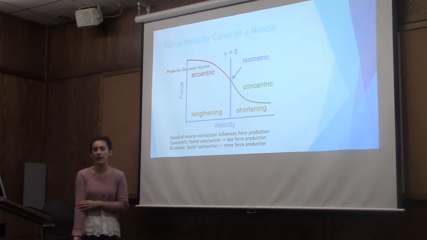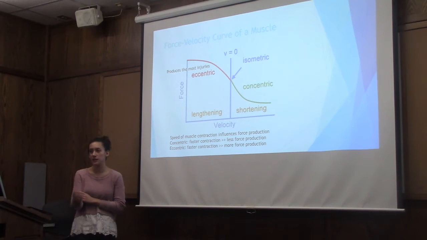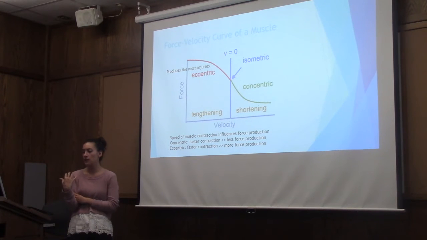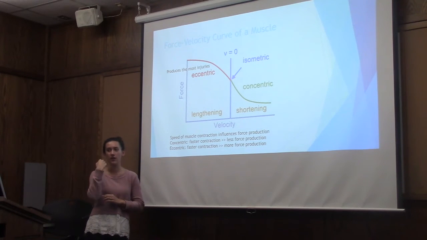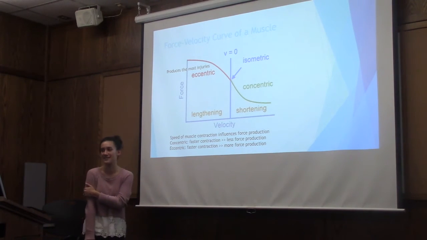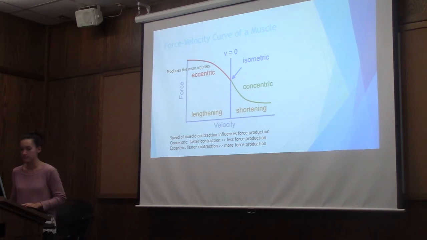You don't want to pump it really fast because more force will be produced if you go slower, so it'll work your muscle more. And when you extend, you want to do it slowly and not whip it down, otherwise it might cause some problems. Do it faster, it's more force. That's why the injury happens.